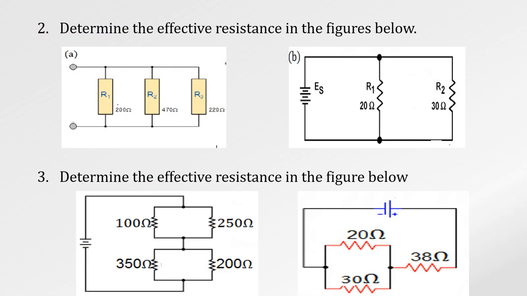These are questions for you to try out and consolidate the idea of calculating total resistance, or what we call effective resistance. Dear students, don't assume that you have understood. Check yourself by working out these numbers and cross check.